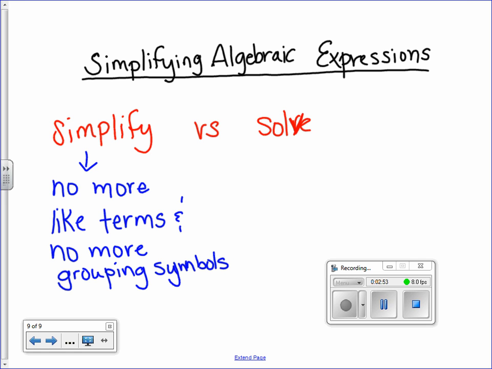Okay? Solving means you're going to get down to a variable equals a number. That's your goal. Or it could be more than one number. We'll talk about that later. Spoiler alert, it could have more than one answer.